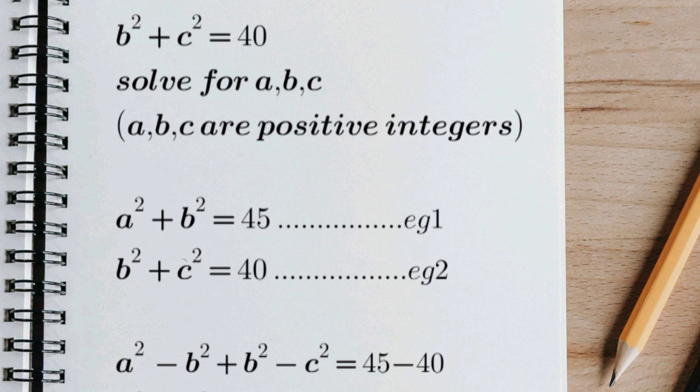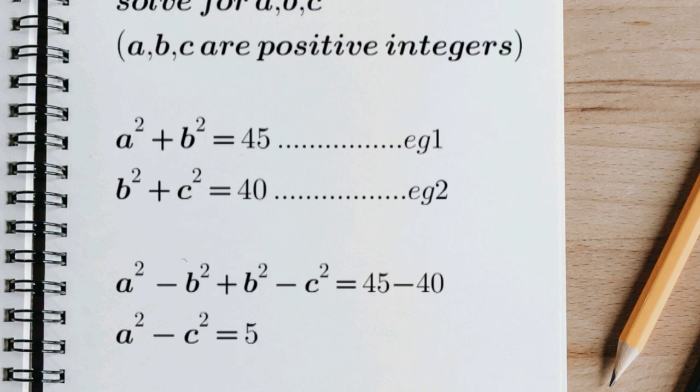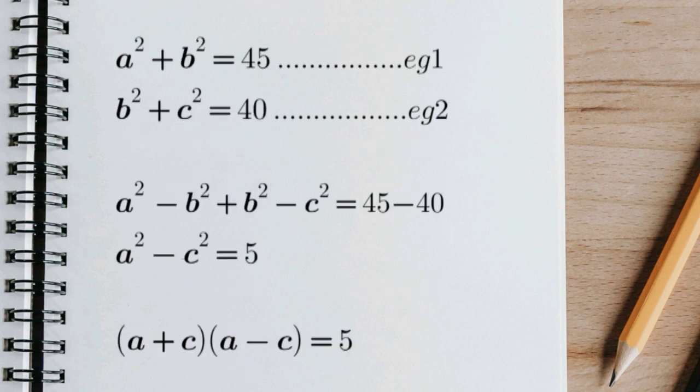So minus b squared is going to cancel plus b squared, and we'll be left with a squared minus c squared is equal to 5. On the left hand side, we can write this as (a plus c) multiplied by (a minus c). So we have (a plus c)(a minus c) is equal to 5.